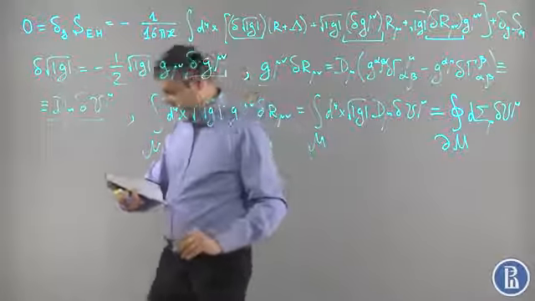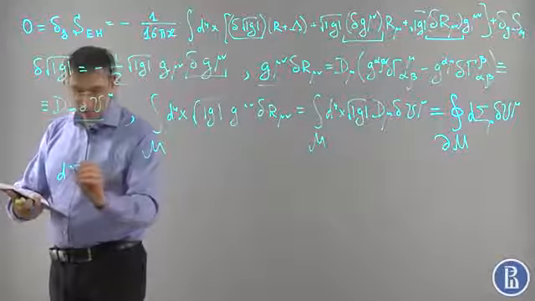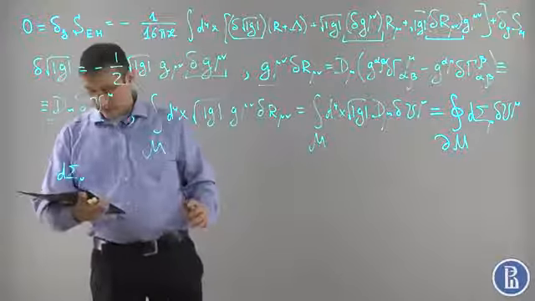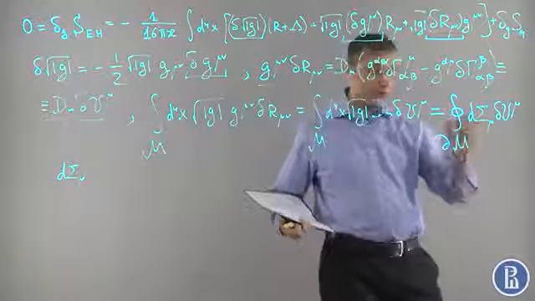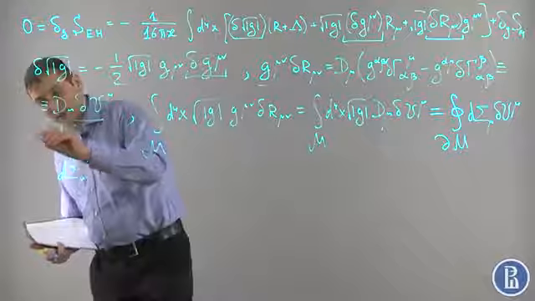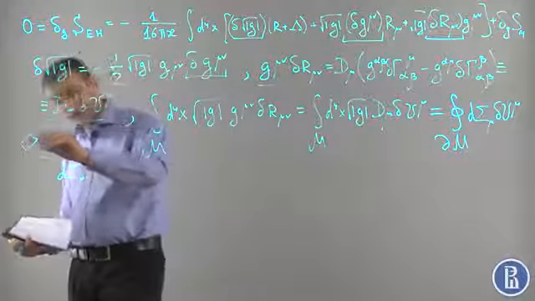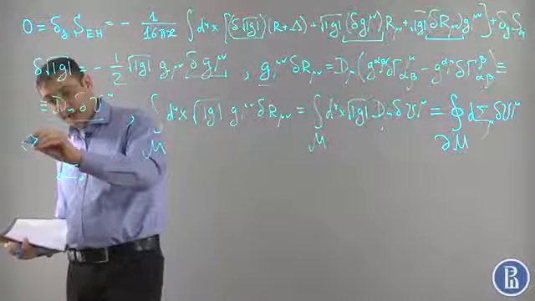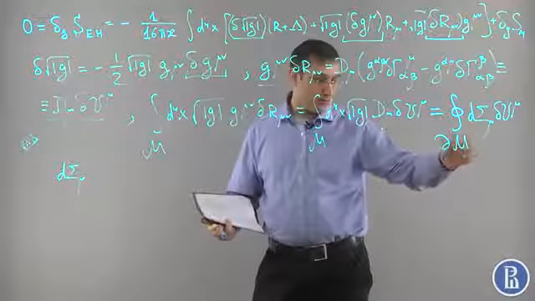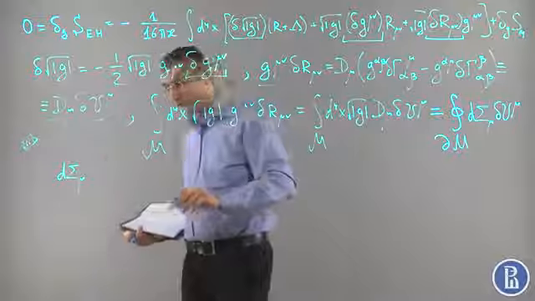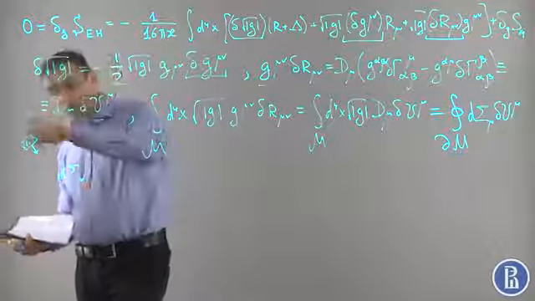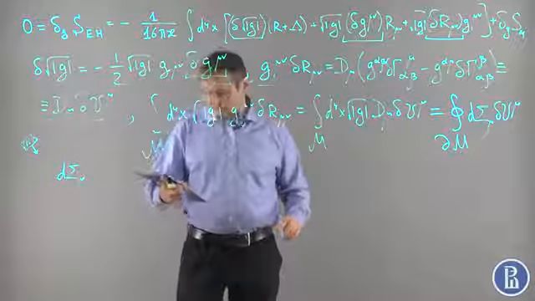Well, dσ_μ is a vectorial quantity, a vector whose modulus is proportional to the area or volume of the three-dimensional boundary of the four-dimensional space-time manifold, and the vector is directed along the normal to this element.